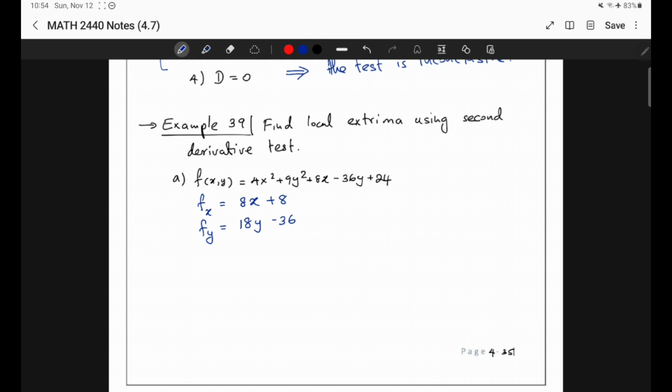Okay, so in this case, you only have critical points where the partial derivatives are zero. You don't have critical points where the partial derivatives are undefined because both are defined over R2.